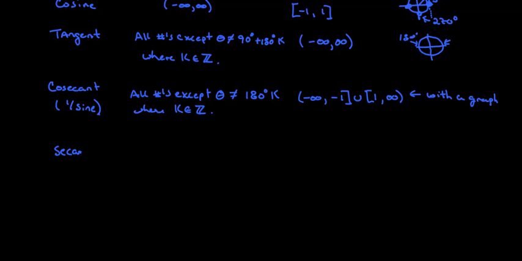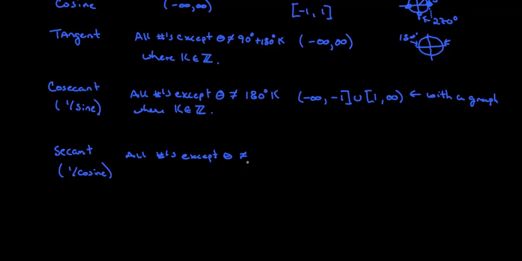Secant is 1 over cosine. I'm not putting an argument there, which is the variable theta, so I'm just trying to write it as an idea, and this is not mathematically correct. The domain is all numbers, except we can't plug in angles where cosine is 0.